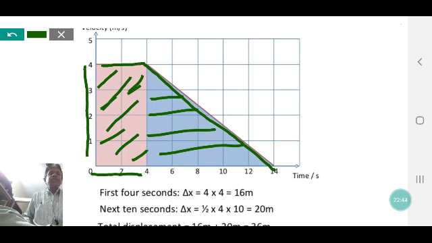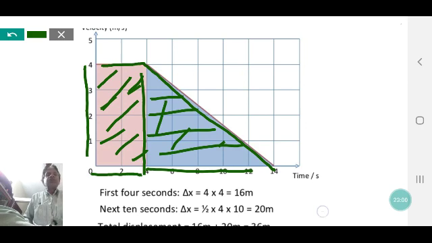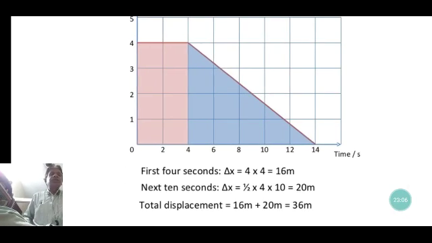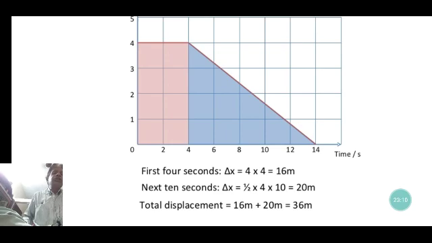The area is half into the velocity, 4, into the time, 10. Now we get the area of this triangle, and the total displacement is 16 plus 20, which is 36 meters.